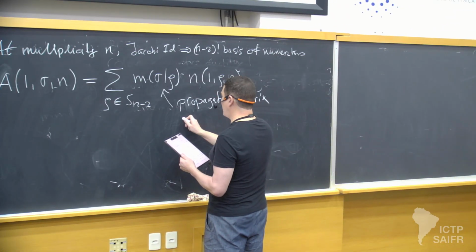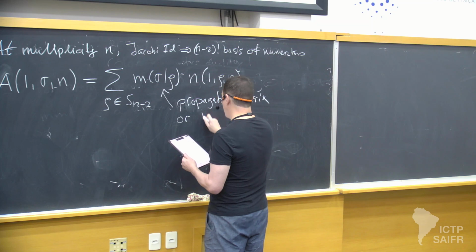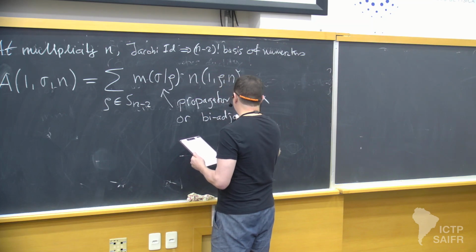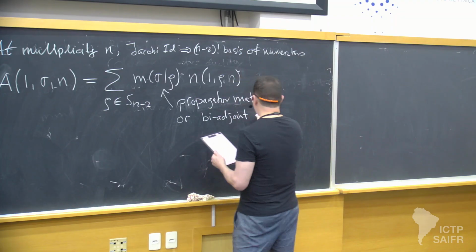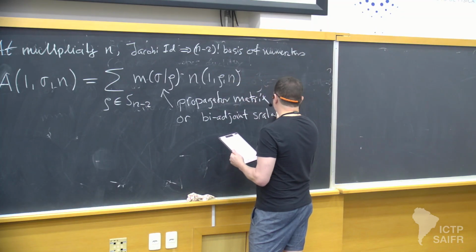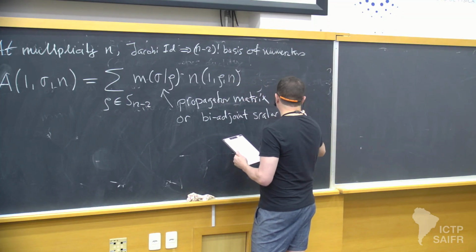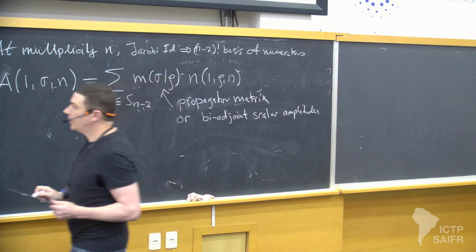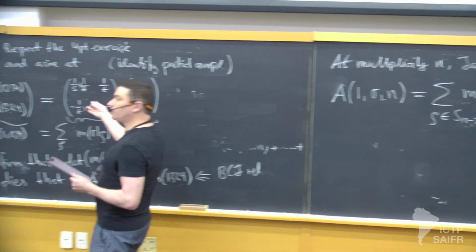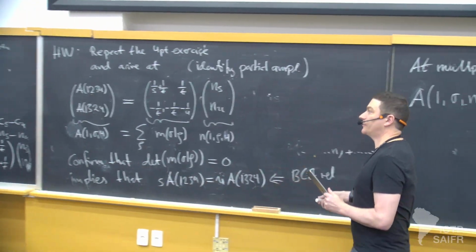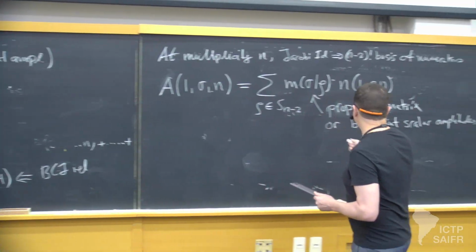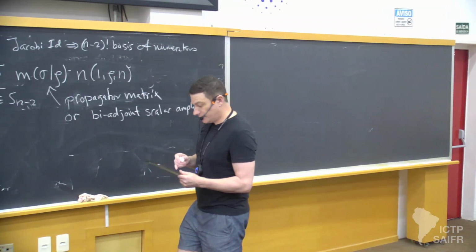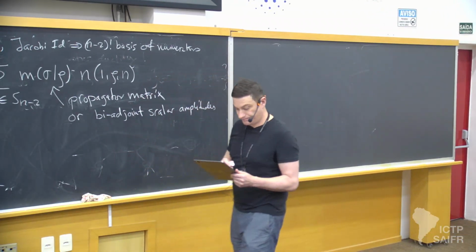So sometimes people call it biadjoint scalar amplitudes. Obviously, if you just look at these propagators, it looks like propagators of a scalar theory. And so that's why there's this identification. I will actually explain that later on, but for now, just take it as a name.